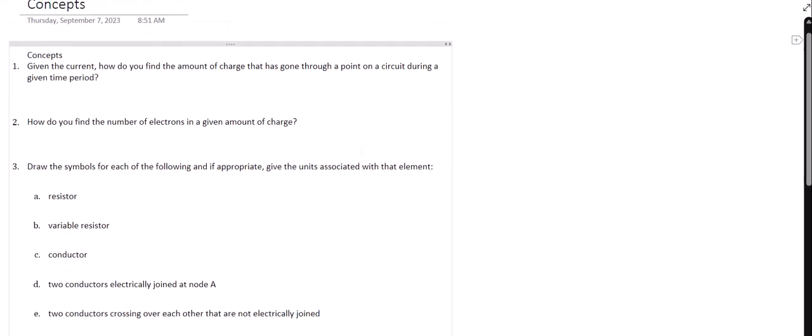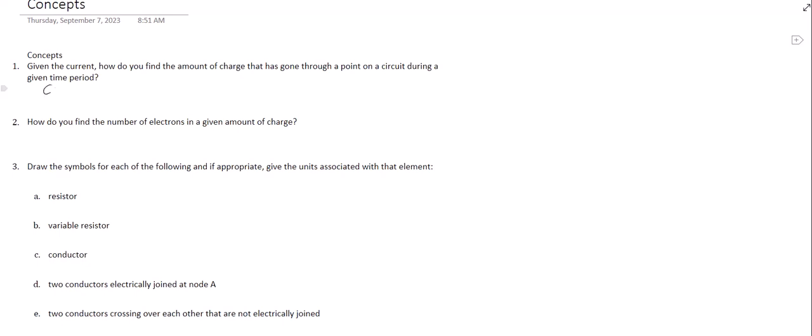Okay, so given the current, how do you find the amount of charge that has gone through a point on the circuit during a given time period? If I just had a constant current, then my charge would equal my current times my time.